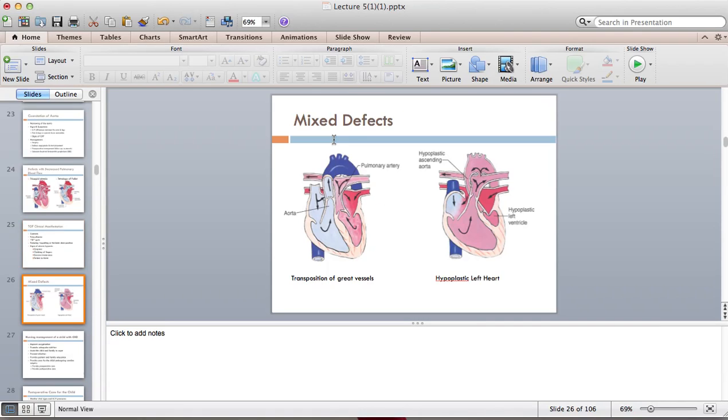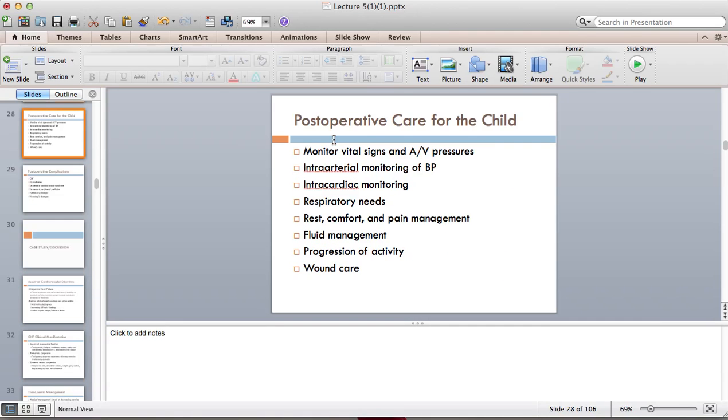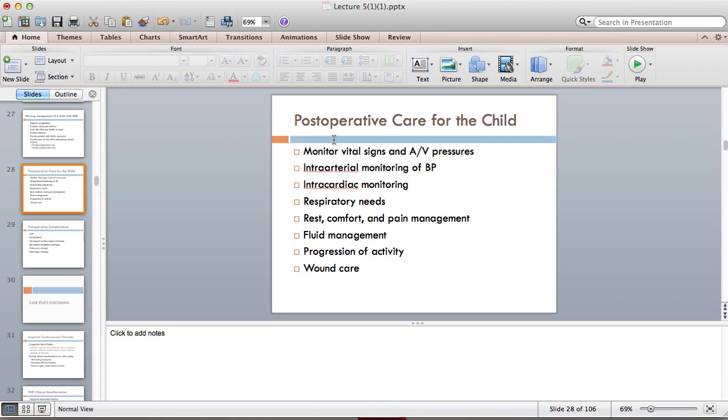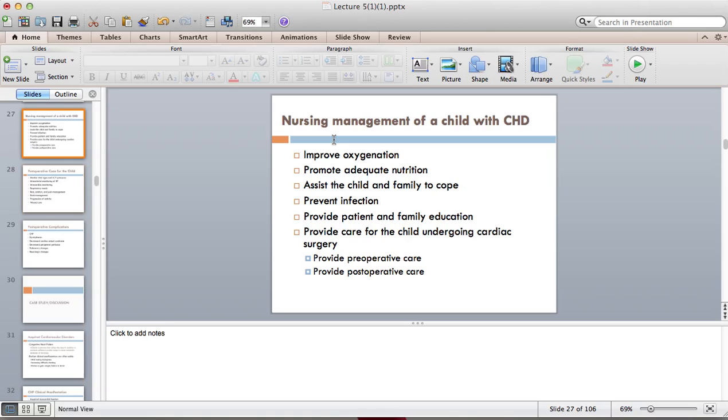Okay. So with this, we just highlighted the common ones that you will have to come across. Patent ductus arteriosus, they must know it and the care that you need to give, ventricular septal defect, atrial septal defect, and your tetralogy of Fallot.